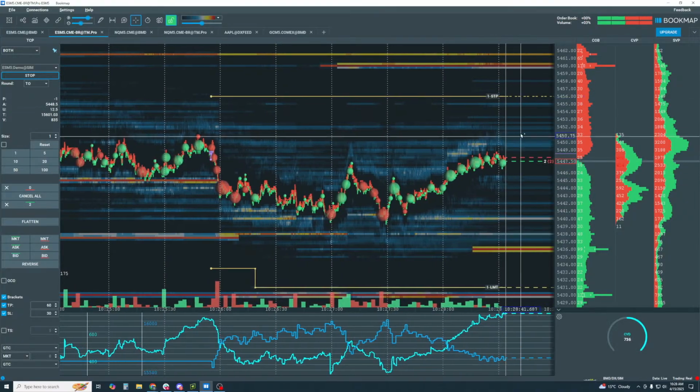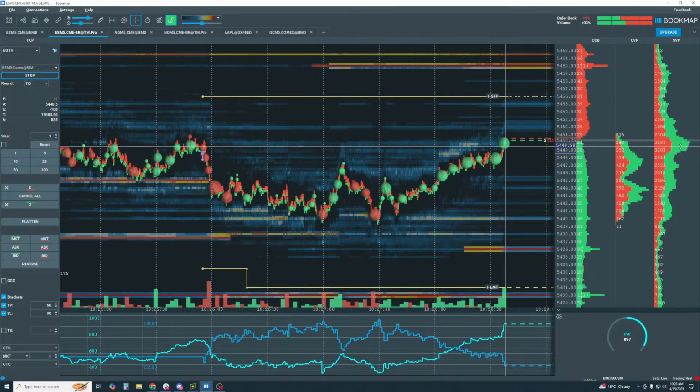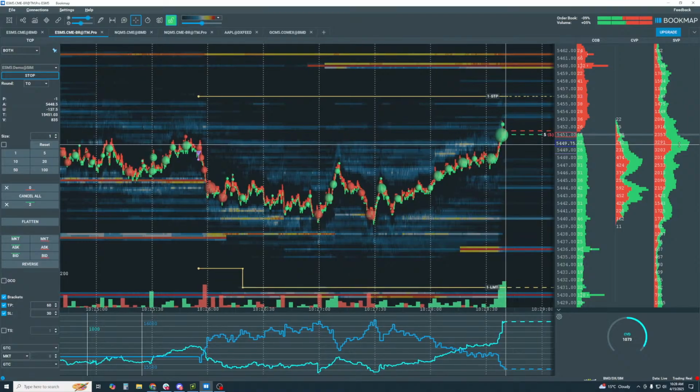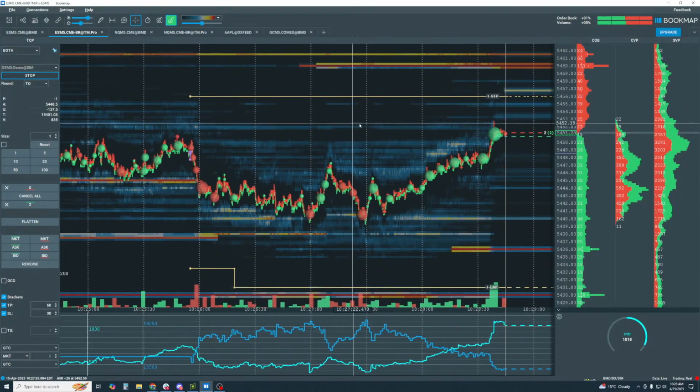Now let's see if we get our sellers here. It's a high volume node here. Okay, buyers going through it. Interesting. Okay, but back up to the swing here. Now looking for it to fail up here.